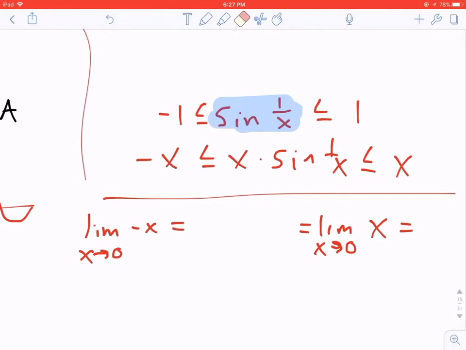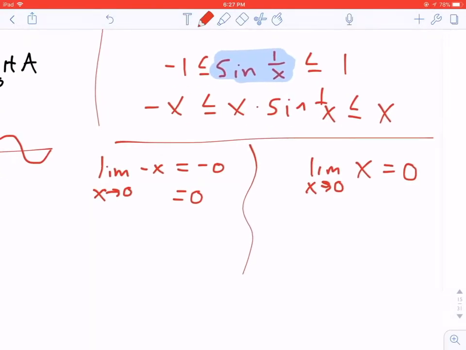It's the squeeze theorem. Well, if I put a 0 in for this, I'm going to get -0, which of course is 0. Over here, if I put a 0 in for x, I'm going to get 0, which of course is 0.